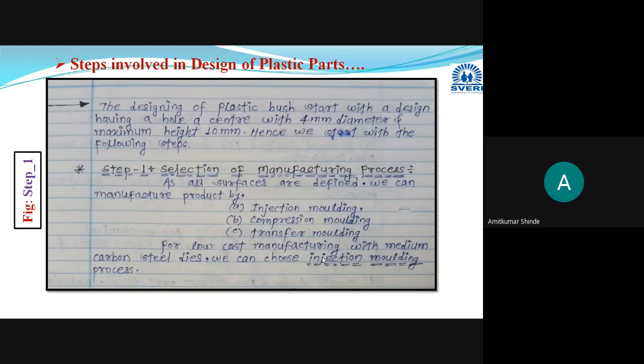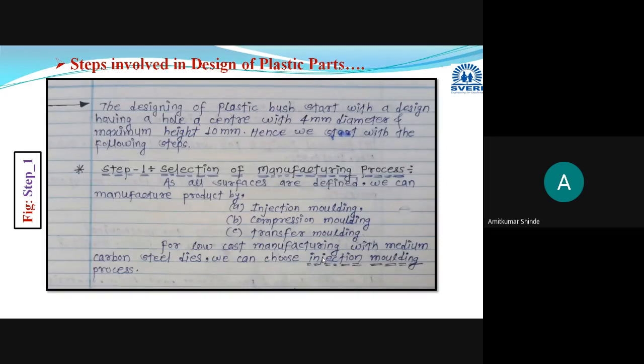Different processing methods for plastic materials can be used, but you have to consider the economical aspect. To do mass production, the most economical method from these three methods is injection molding.